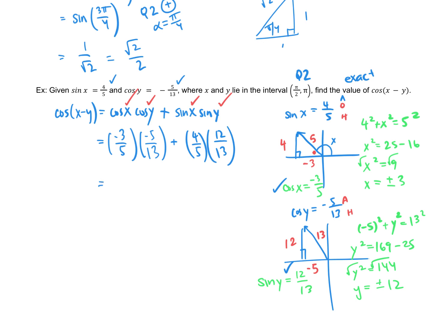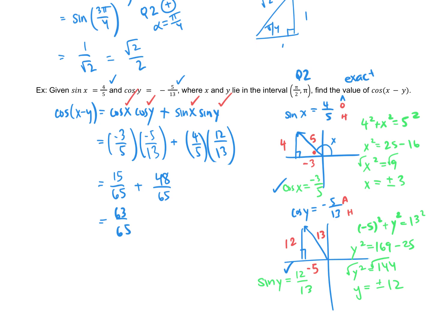So we will have 15 over 65 plus 48 over 65. We already have a common denominator here, so we just have to add our numerators. And we get 63 over 65.